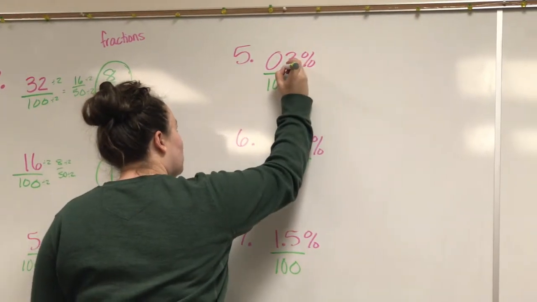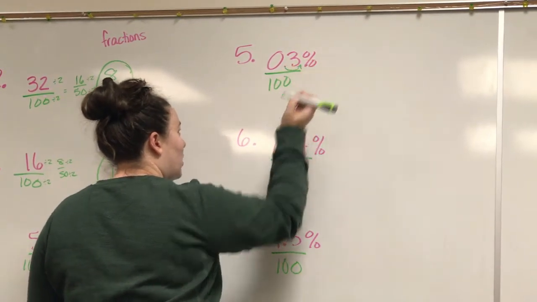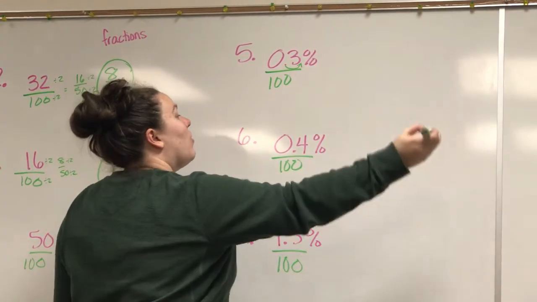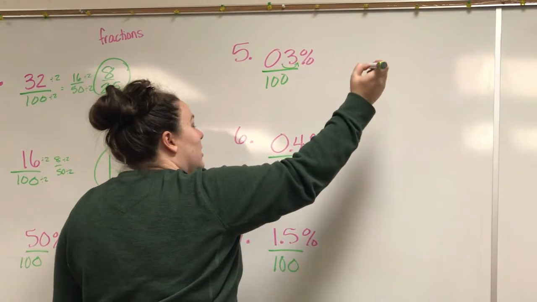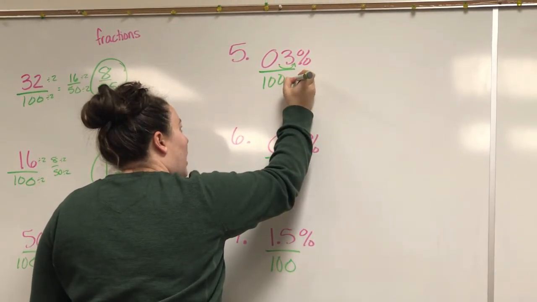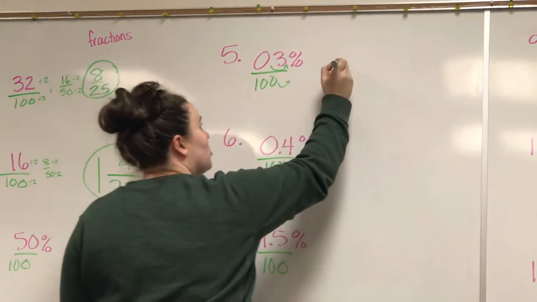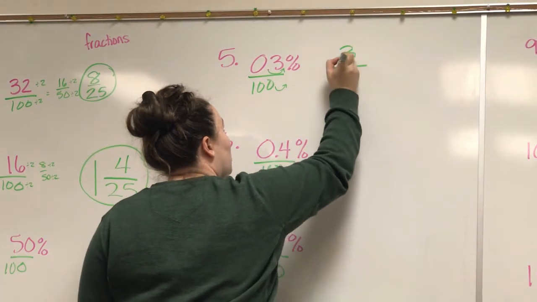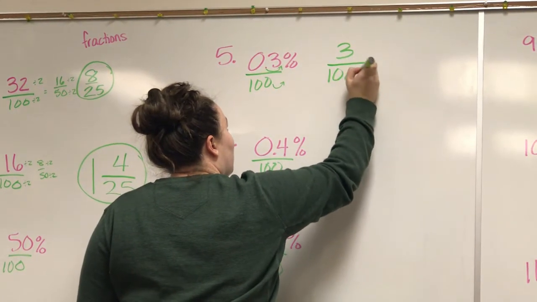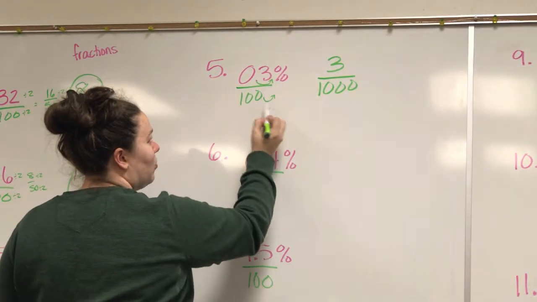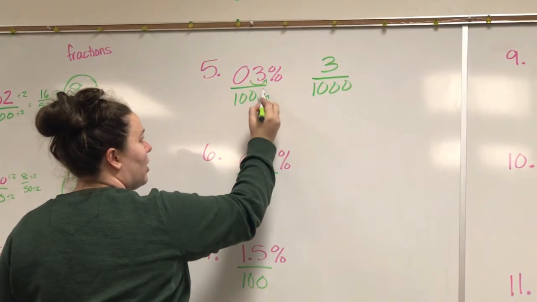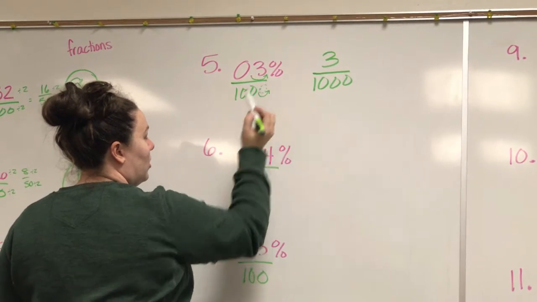So you have to move it over till it's a whole number. I moved my decimal to the right one place to make it a 3. Anytime you move a decimal at the top, you also have to move a decimal at the bottom. So my new number would be 3 over 1,000. See how I moved it to be a whole number of 3, and then I had to put another 0 here.